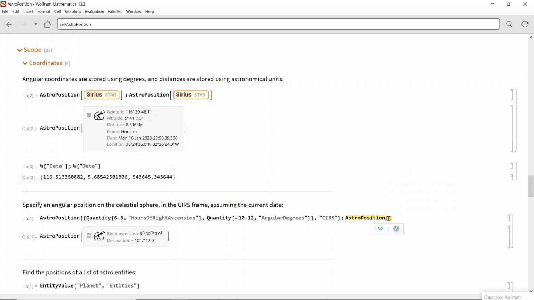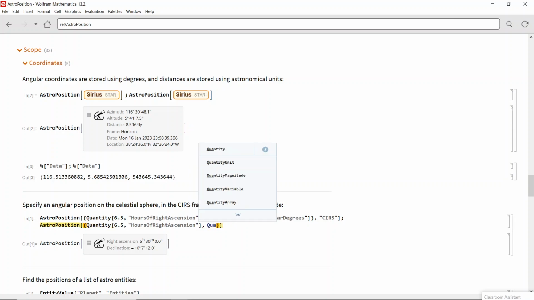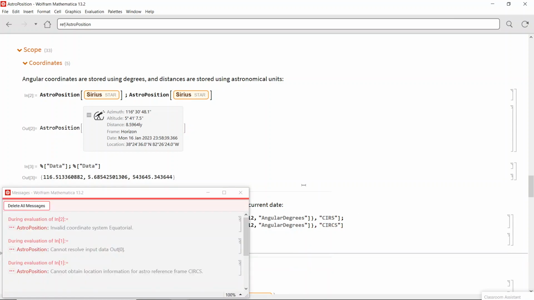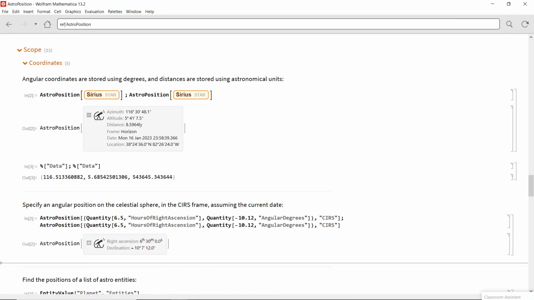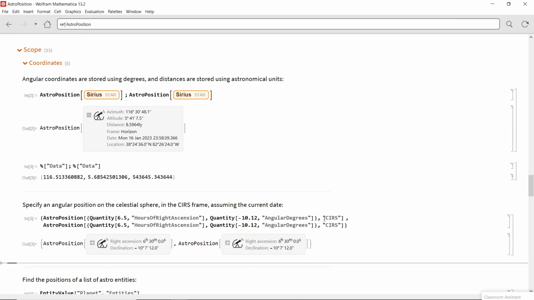AstroPosition, Quantity 6.5 hours of right ascension, Quantity negative 10.12 angular degrees, ICRS. It's basically the same.